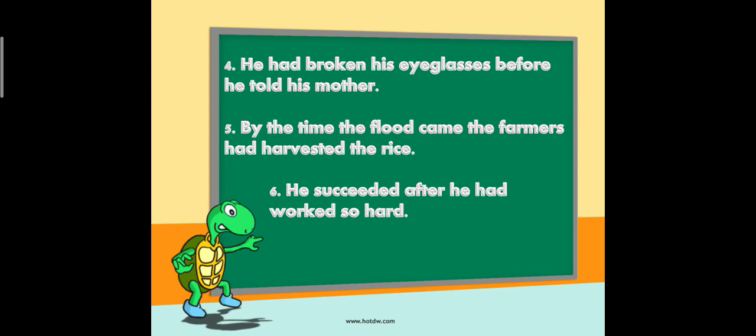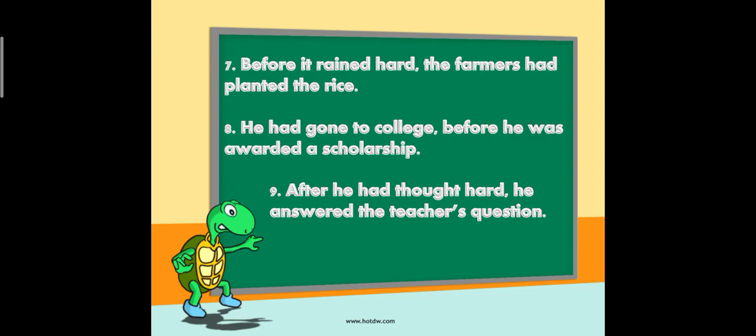By the time the flood came, the farmers had harvested the rice. Number 6. He succeeded after he had worked so hard. Number 7. Before it rained hard, the farmers had planted the rice.